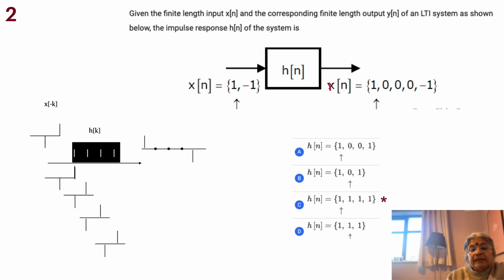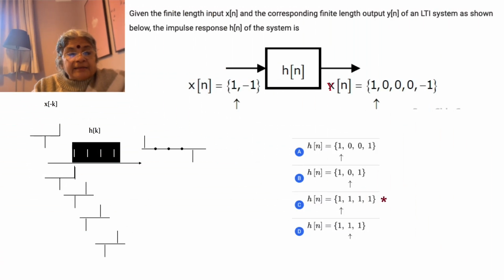We see that since y[n] has 5 components, we will have 4 components for h[n]. So there are 4 blanks in h[n], and we are slowly trying to see what is going to happen. At the two ends of y[n] we have 1 and -1, so obviously we will have 1 and 1 at the two ends of h[n], because they need to be multiplied and then the result needs to come out.